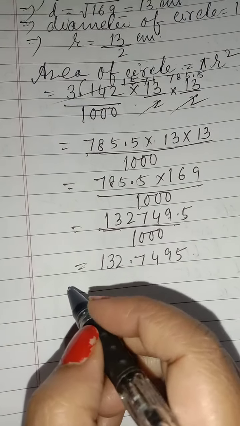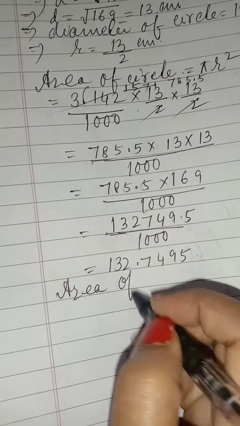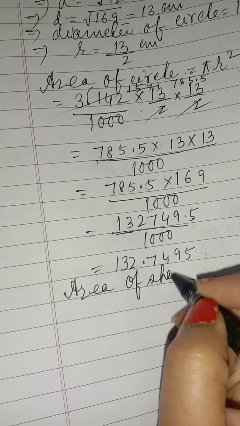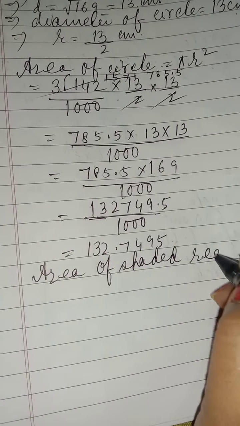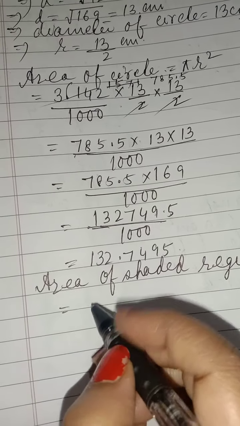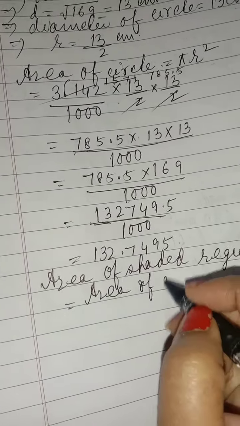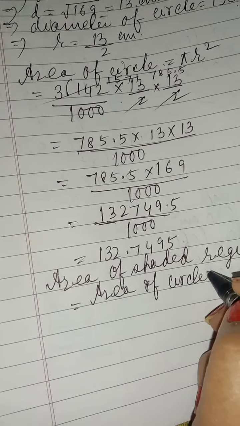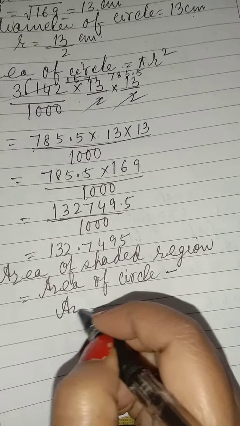Therefore area of shaded region equals area of circle, which is the bigger one, minus area of rectangle.